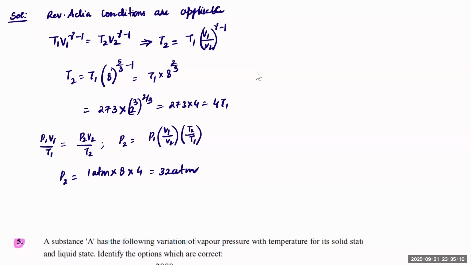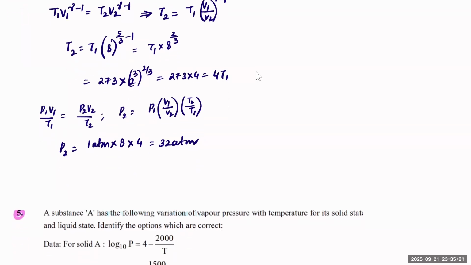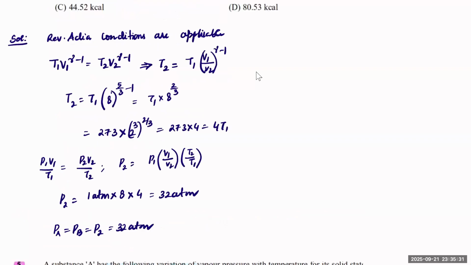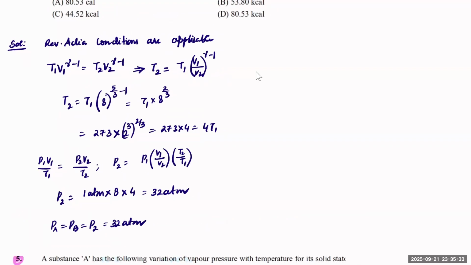Now, do you notice something? Because it is a frictionless piston, the piston will stop when the pressure on both sides becomes equal, right? So this P2 is the pressure of A and also the pressure of B, and that is 32 atm. So the reason for finding out the pressure is that the pressure on both sides will be the same. Correct?